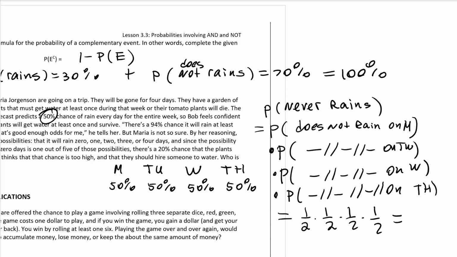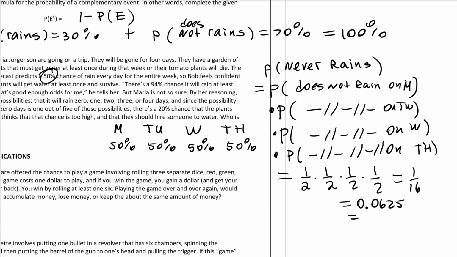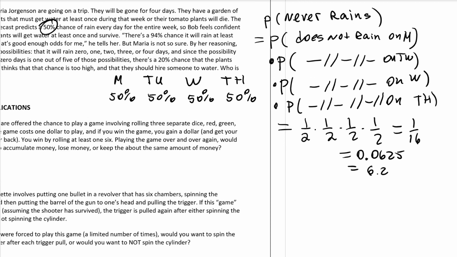So the probability that it never rains at all is going to be 1/2 multiplied by 1/2, which is 1/8, correct? It's not 1/8, I'm sorry, it's 1/16. 1/16 is 0.0625, which is 6.25%. So the probability that it does not rain at all is going to be 6.25%.